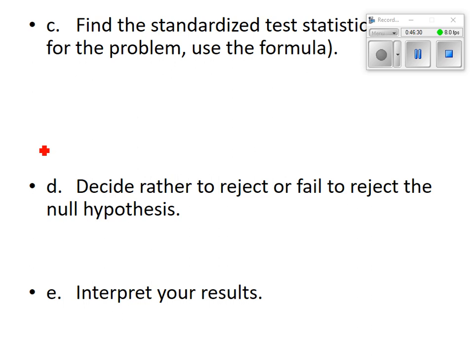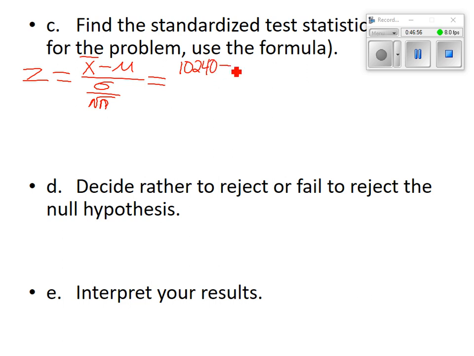Part C, find the test statistic. That means we're finding the Z. Remember, for this one, it's X bar minus mu over sigma divided by square root of n, isn't it? What was X bar this time? 10,240.